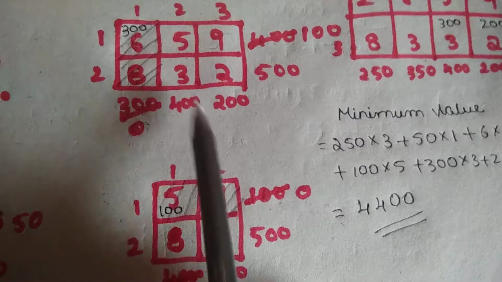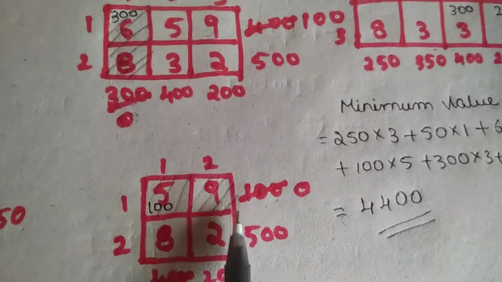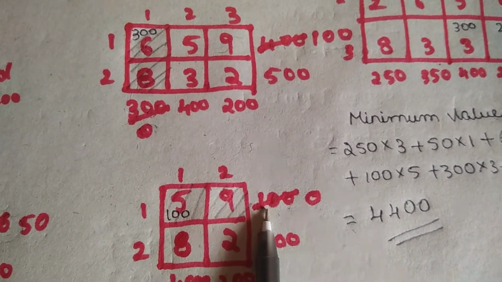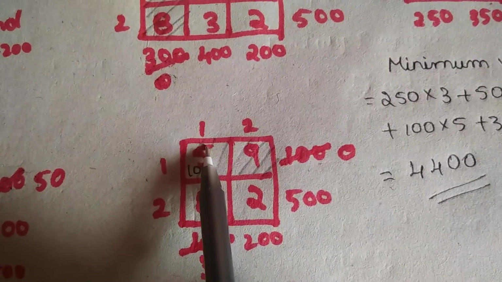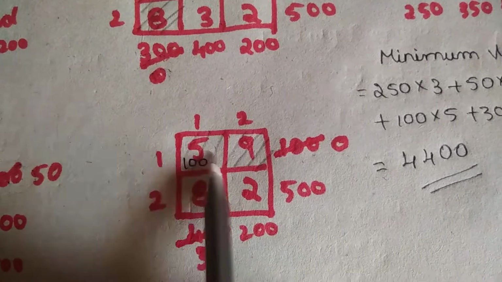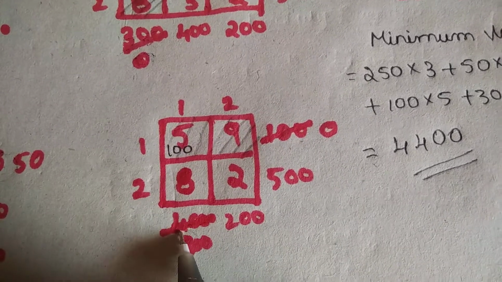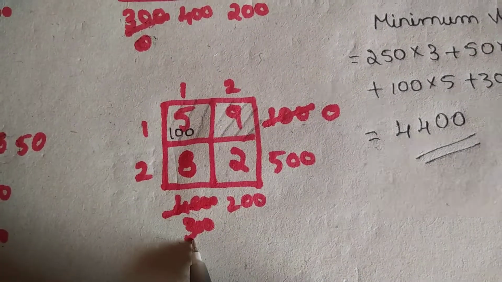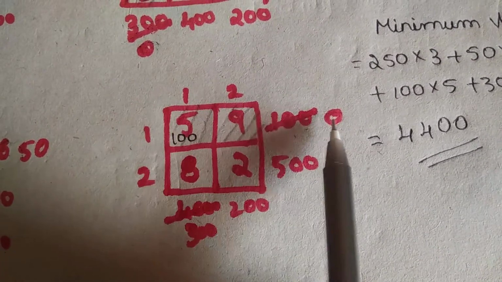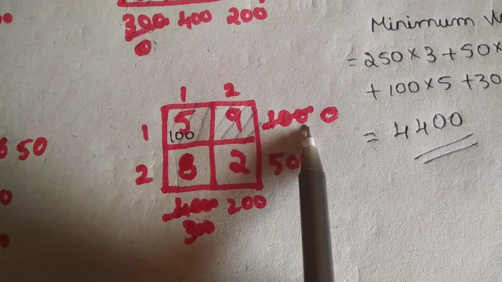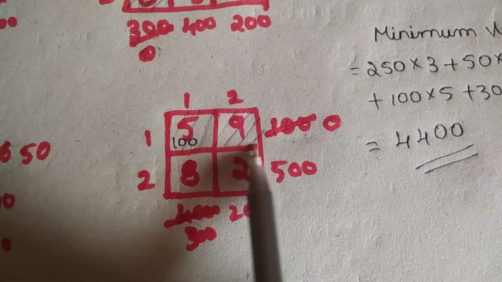Next, we are left with 2 columns and 2 rows. The remaining values are 100 and 400. We consider 5 as the northwest value. We subtract this 100 from 400, so 400 minus 100 is 300. 100 is completely cancelled and becomes 0, so we write 100 in this box and cancel this complete row.